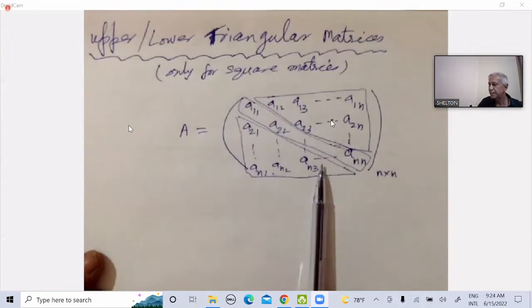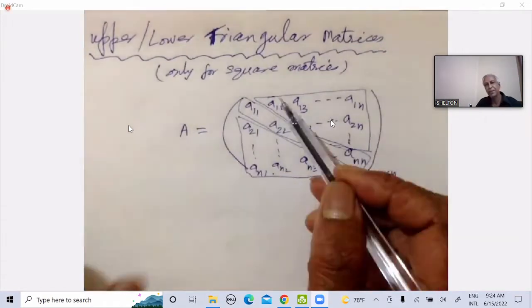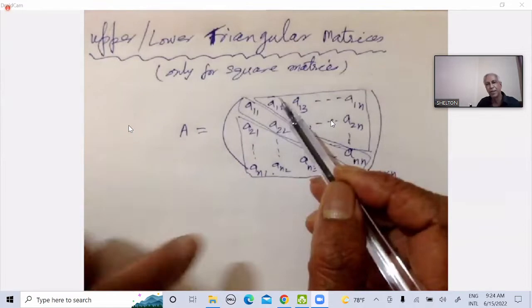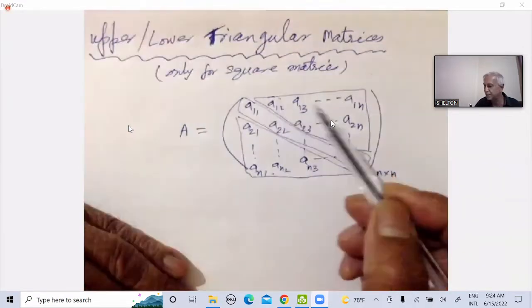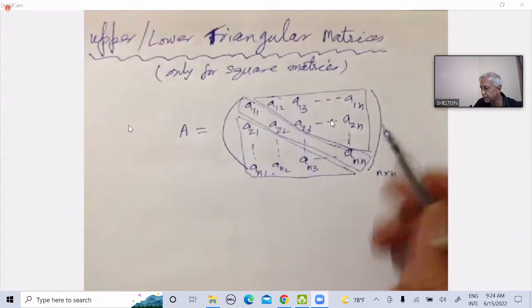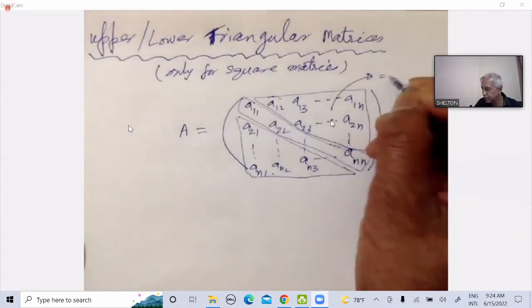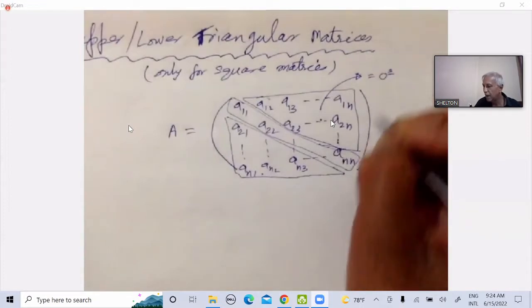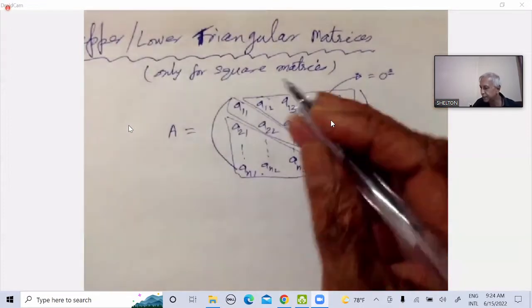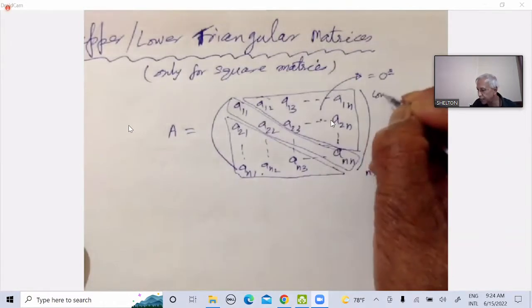If these are zeros, we say the matrix is lower triangular. If the upper triangle consists of zeros, we say the matrix is lower triangular.